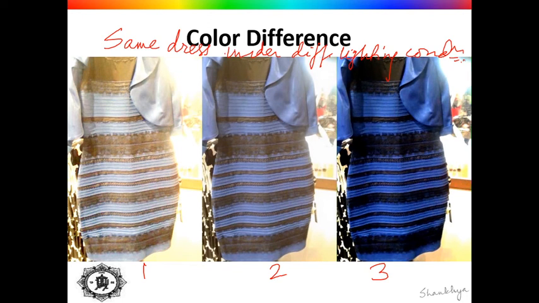The three pictures are of the same dress but of different colors. So the question is whether this dress is yellow or blue. That is something you need to figure out on your own, but I am asking you to observe this. What do you observe? That the color of the same material is varying under different light or illuminant conditions.